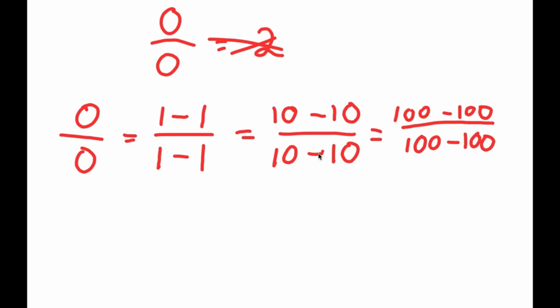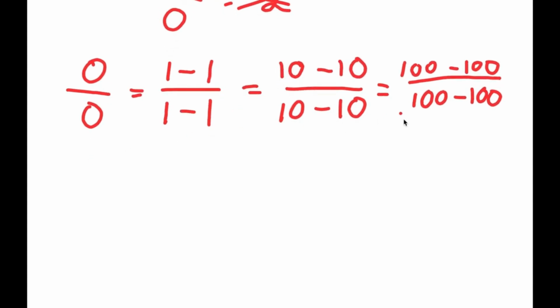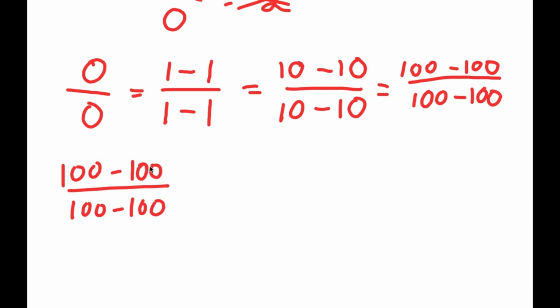So because all of this is true, now I can start by making things a little more complicated. So let me rewrite this over here. I have 100 minus 100 over 100 minus 100. And now I'm going to change things up a little bit. 100 is the same thing as 10 times 10, right?